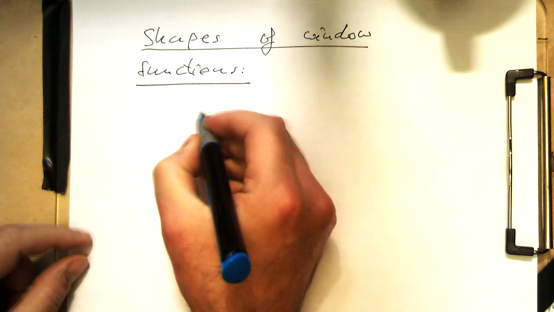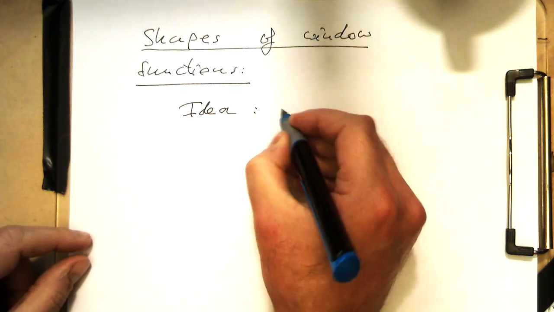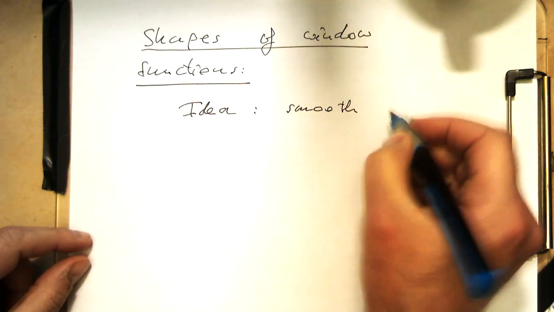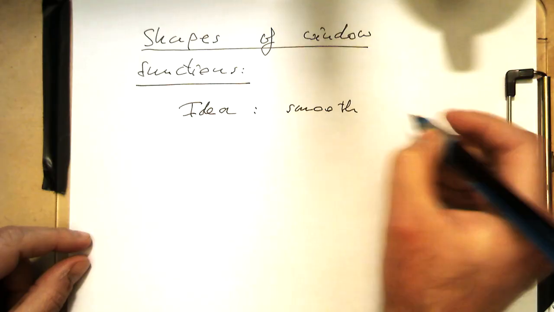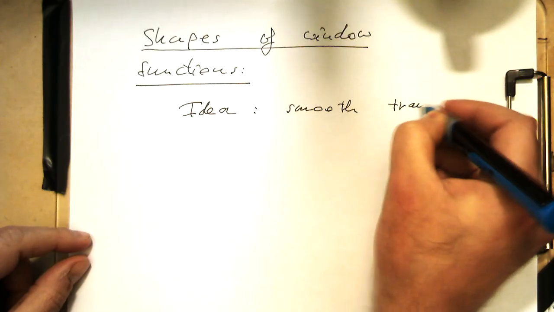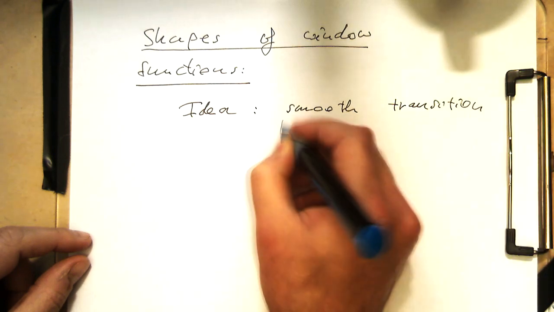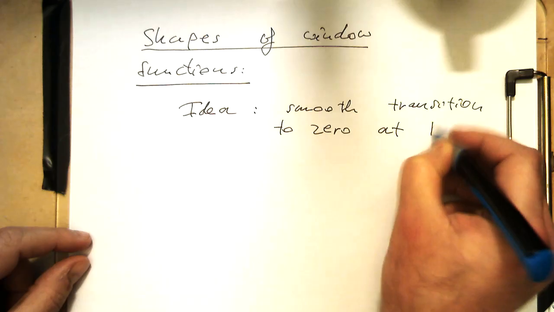So the general idea is to have a smooth transition to 0 at the edges.